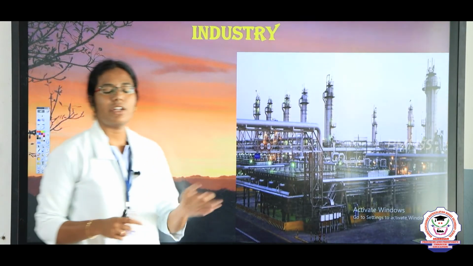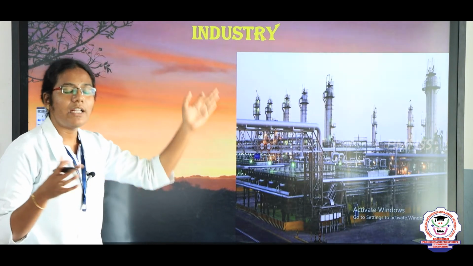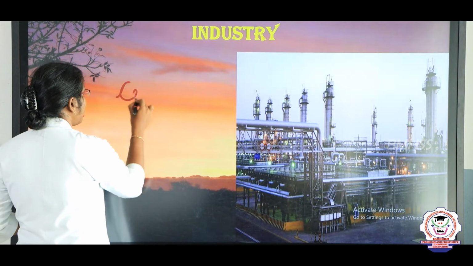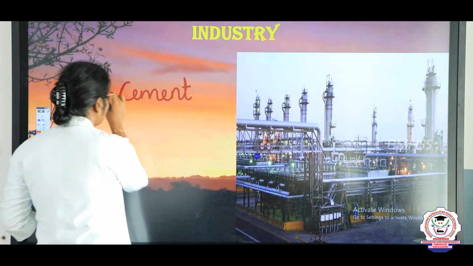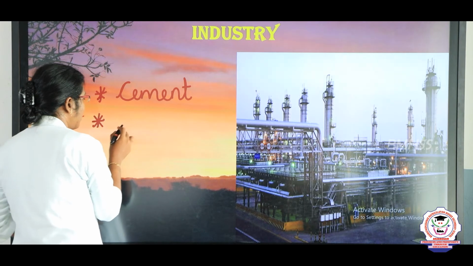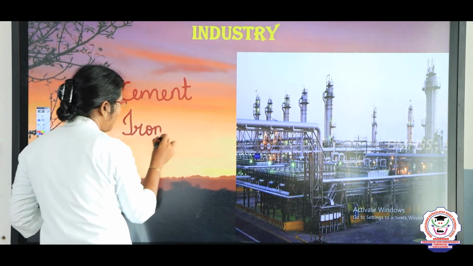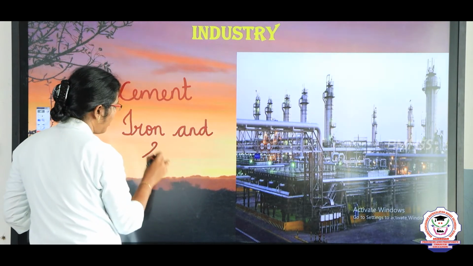Next, industry. Besides the oil industry, I said Saudi Arabia has plentiful oil resources, right? Besides industries like oil industries, here there are cement industries, steel industries, etc. Besides means in addition. Besides petroleum and petrochemical industries, here there are cement industries as well as iron and steel industry.